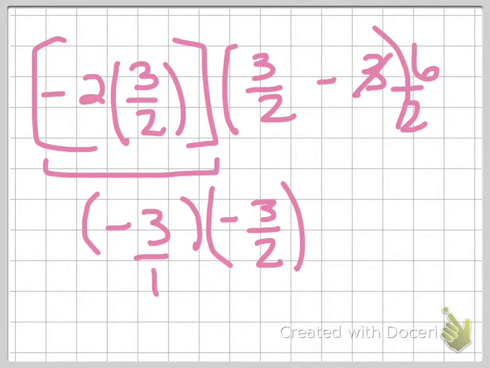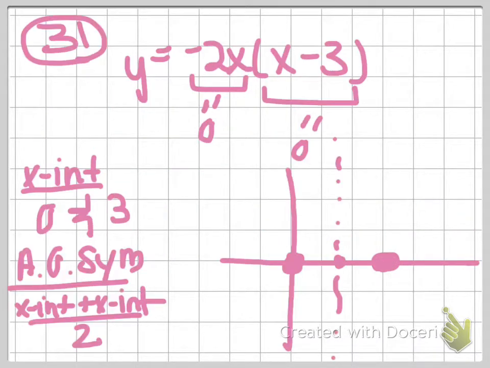When you multiply across, that gives you a positive 9 over 2, which is 4.5. That's my y value. When I take that axis of symmetry, which is at 1.5, and I plug it into my x value of my function, I get 1.5 comma 4.5.